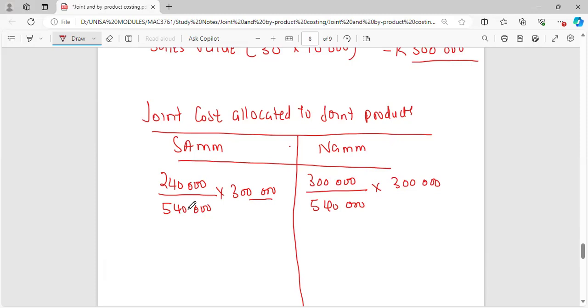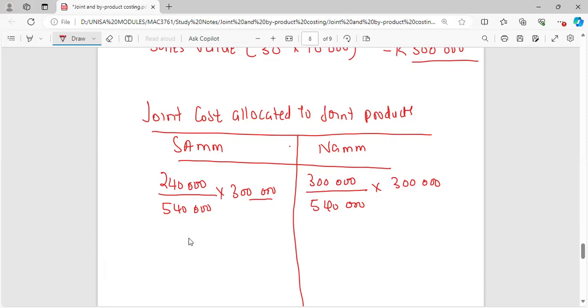Once you have the joint cost, in a question, they will tell you which method you are going to use to allocate the joint cost to the joint product. Then you use that method to allocate the joint cost to the joint product. So it is very important for you to look at the method, because you don't choose any method in the question. You are going to be given the method that you are going to use to allocate the joint cost to the joint product.